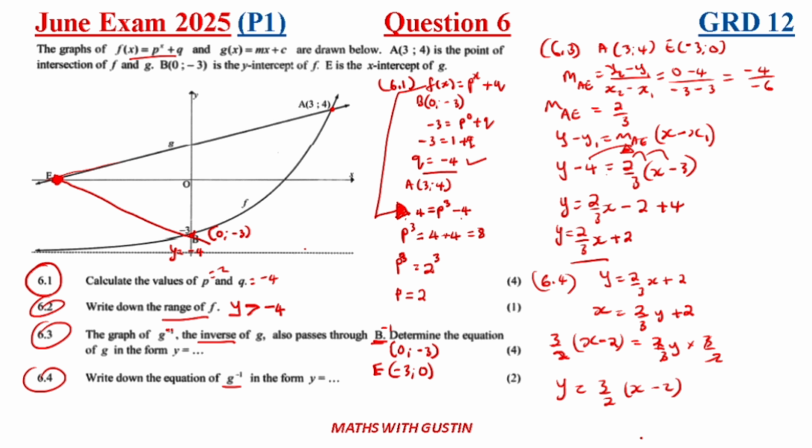You can remove the bracket here again: y is equal to 3 over 2x, then 3 over 2 times 2 would cancel out, and your answer will be minus 3. That kind of makes sense, because if x is equal to 0, what is our y-intercept? It is going to be minus 3, which is this one at point B.